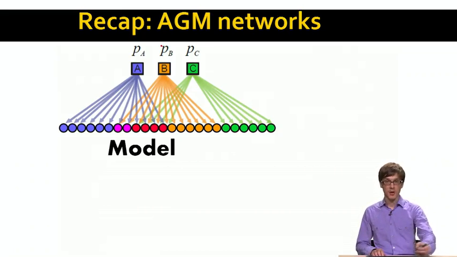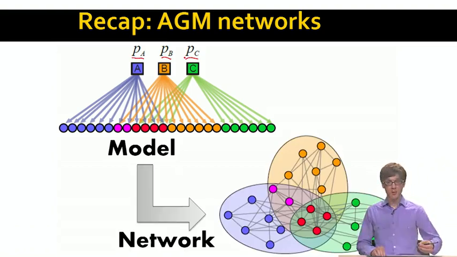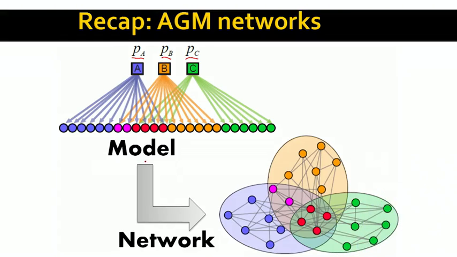We specify the model. So here is a different specification of the model where we have 3 communities. Each of these communities has a different linking parameter. And given such a model, we can now generate a network, right? So from the model, we can go to the network. Here's a picture of the network that would arise from the model above. What we nicely see here is that each of these communities, we can think of it as a tile.